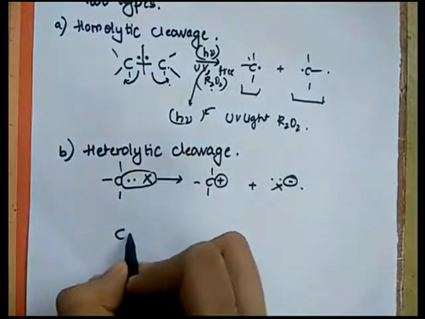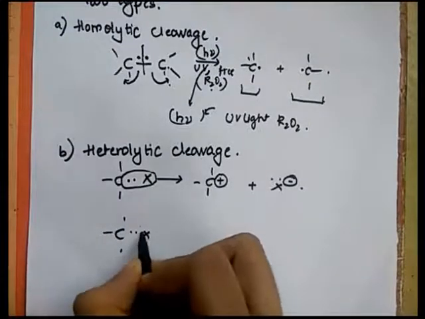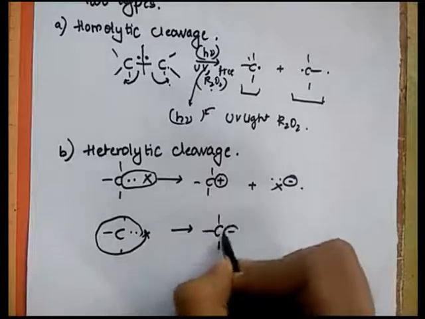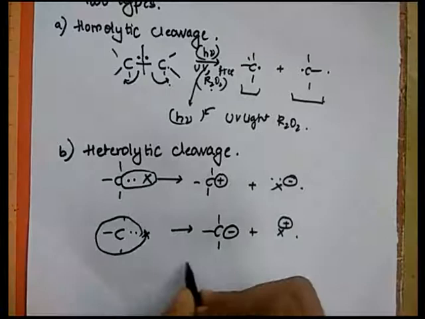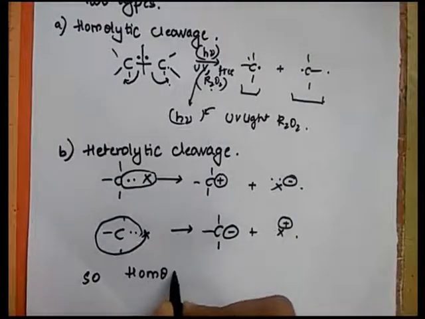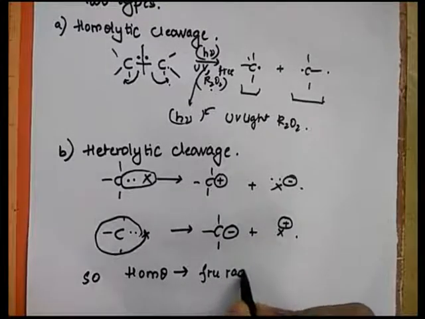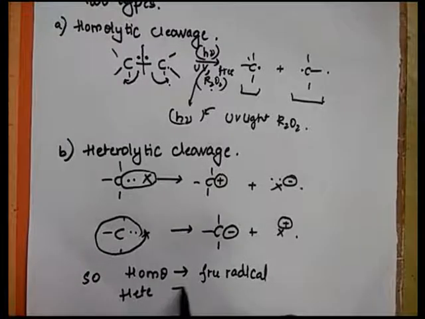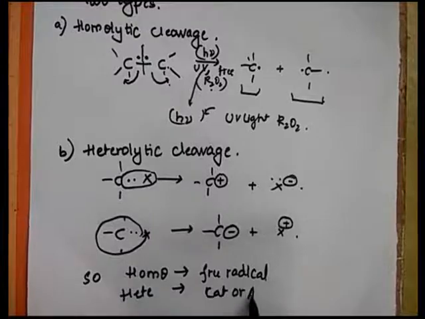Similarly, if it gains both the electrons, then it will become an anion and the other atom will become a cation. So homolytic cleavage always gives rise to free radicals and heterolytic cleavage always gives rise to cations or anions.